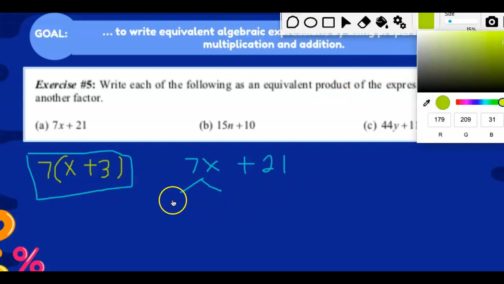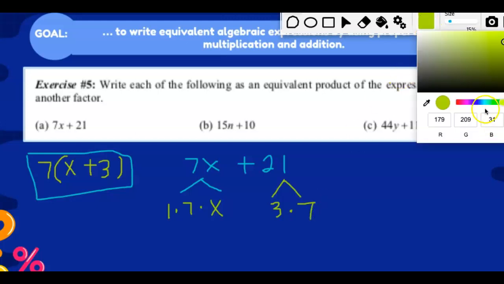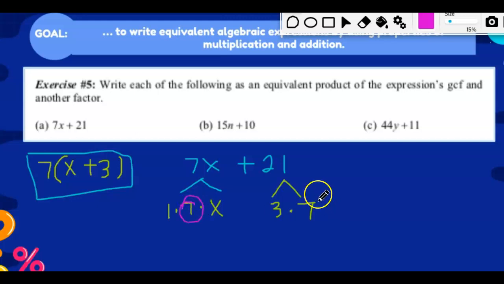So 1 and 7, and x. What are the factors of 21? 3 and 7. What is the greatest common factor between the two? 7. So take 7, and I put 7 over here.